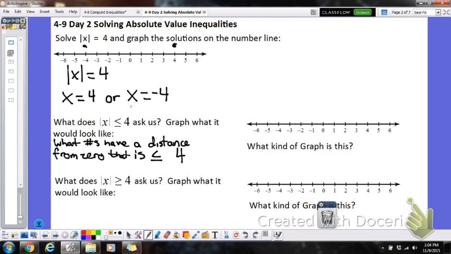So we're trying to find out what numbers have a distance from 0 that is less than or equal to 4. And I think it's easier to think about that with the graph.